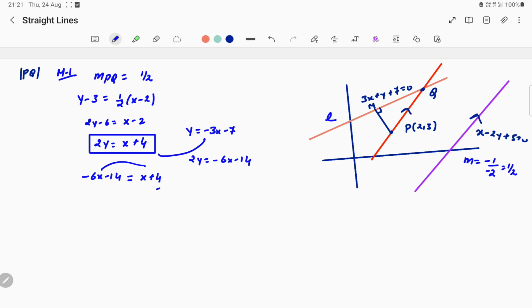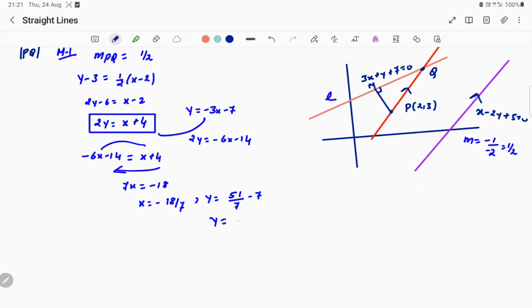When you transpose, we get 7x is equal to minus 18, so x is equal to minus 18 by 7. Now what is y? y is minus 3x, so if I am not wrong, it is 54 by 7 minus 7. When you simplify, you get y is equal to 2 by 7. So the Q coordinates are (minus 18 by 7, 2 by 7).